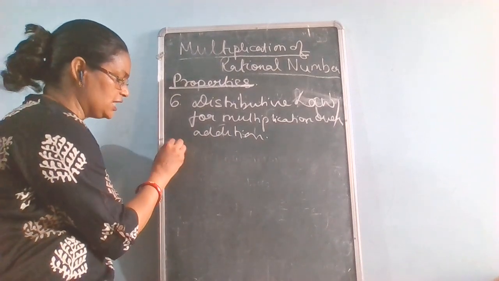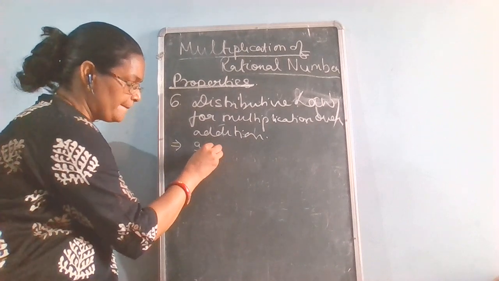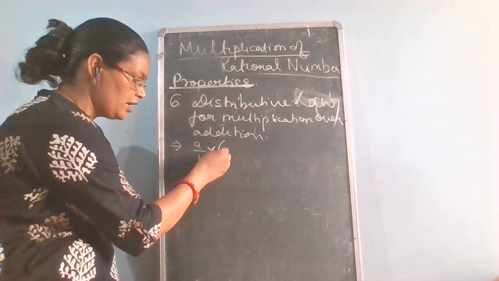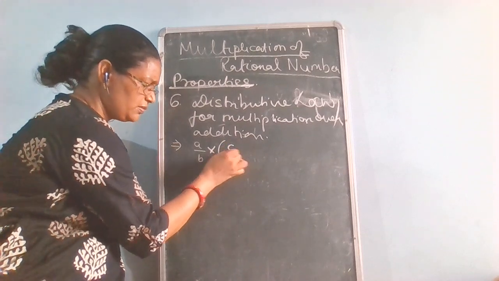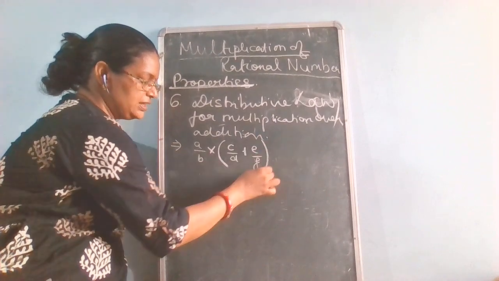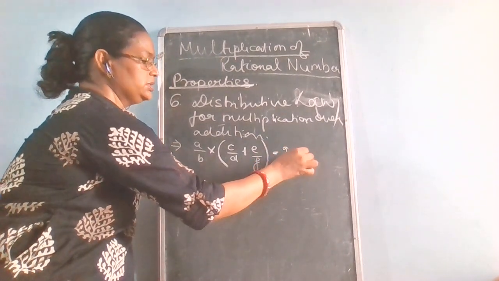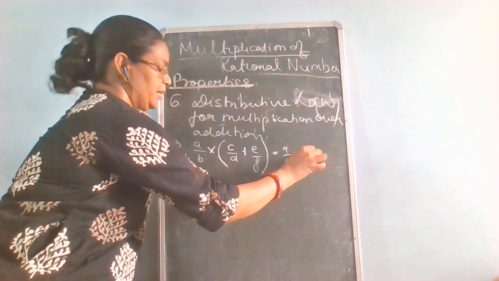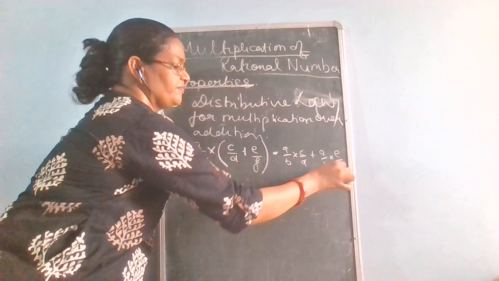So this says if you are multiplying one rational number and you are adding two rational numbers, so it can be written as a by b into c by d plus a by b into e by f.